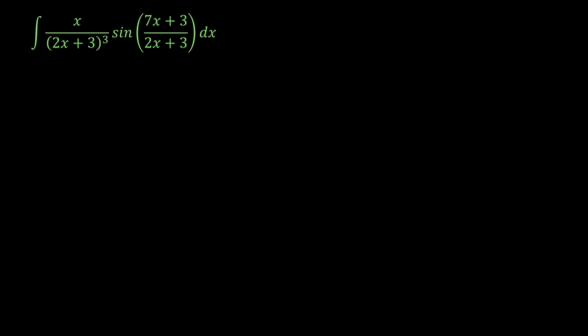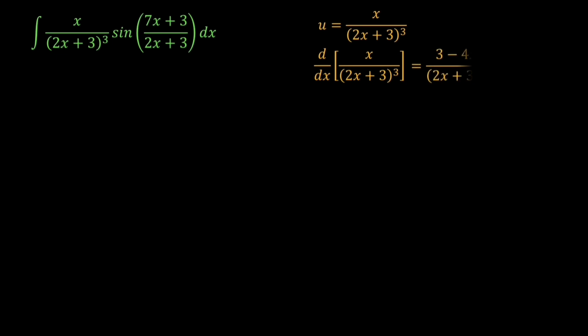The next question is, what is the substitution we should use? If we use u equals x over (2x plus 3) cubed, its differentiation will be (3 minus 4x) over (2x plus 3) to the power of 4, which is complex for further simplification.